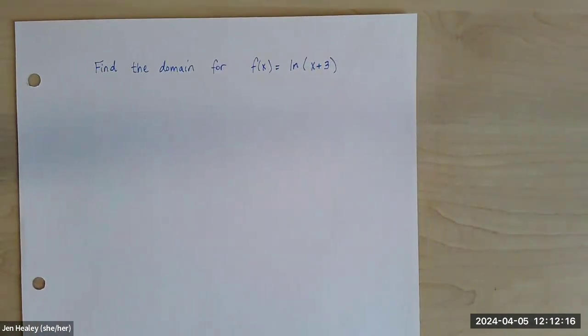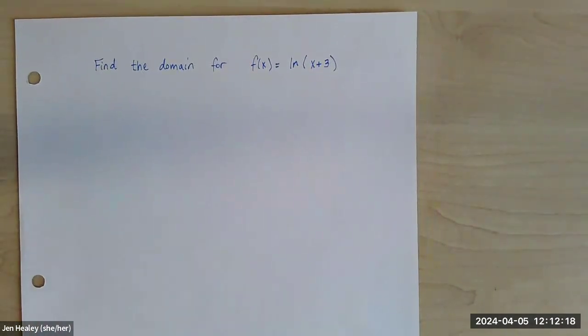Find the domain for f of x is equal to the natural log of x plus 3. I have a checklist for domain questions. The first thing I check for is whether there's something that could give me a 0 in the denominator. There is no denominator in that thing, so I am not concerned about that.